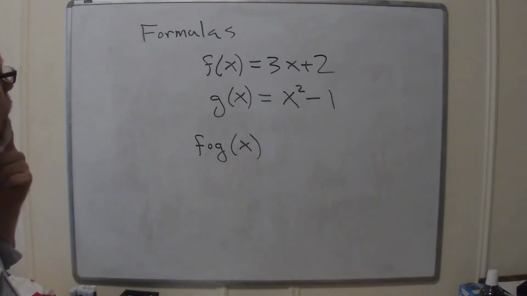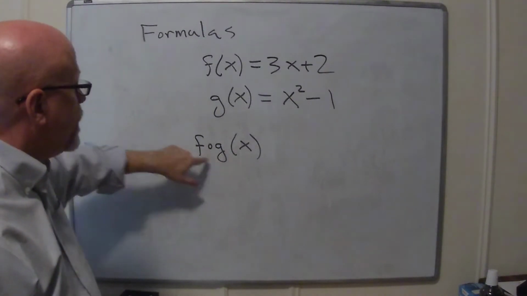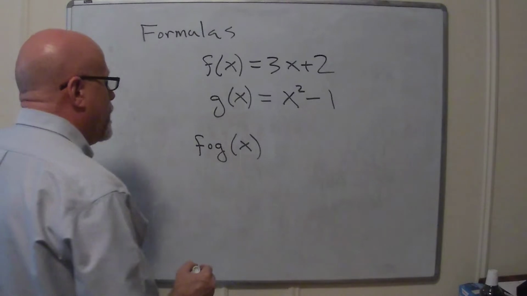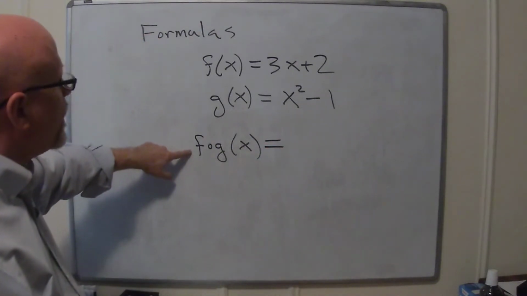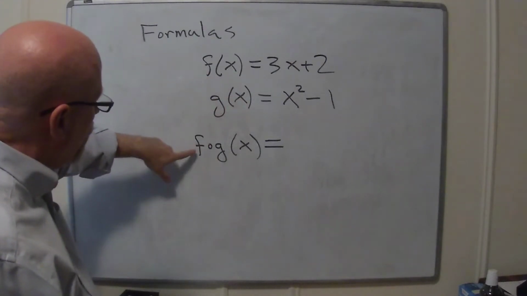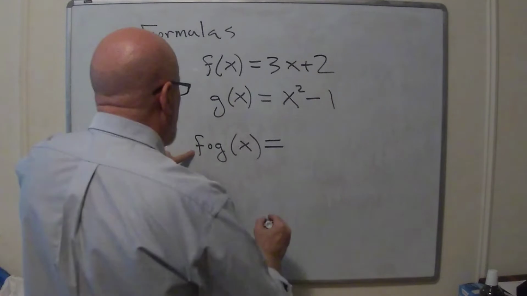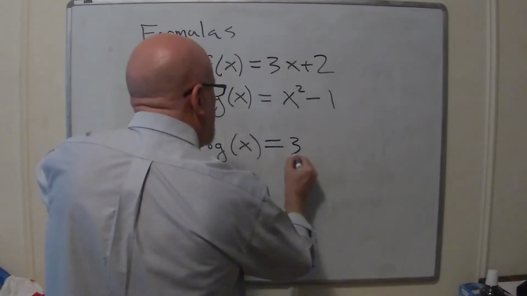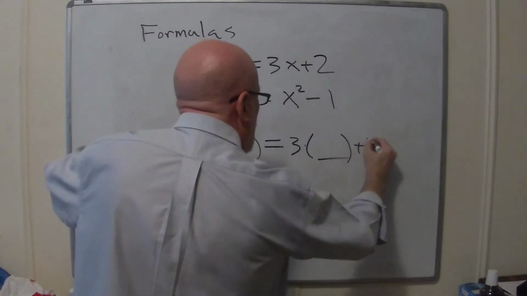what would that be? FOG means this is the version where you do G first, and then you feed that into F. So I usually write this starting on the wrong end. I'll look at F and write it, but instead of using x, leave a blank. So the formula for F is 3 times its input, let's leave a blank for that, plus 2.